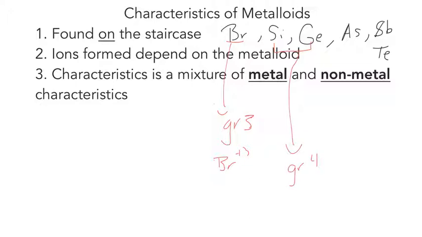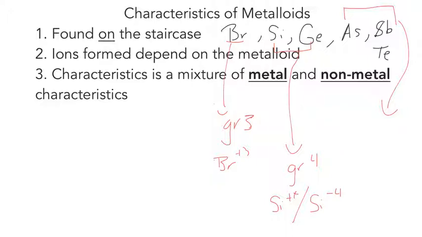Now, all elements in group 4 are special because they can either form a negative ion or a positive ion depending on the scenario. So silicon can either be +4 or silicon could be -4. And then the rest of the elements that we have, since they're in groups 5 and 6, they're going to have a -3 charge and a -2 charge respectively.